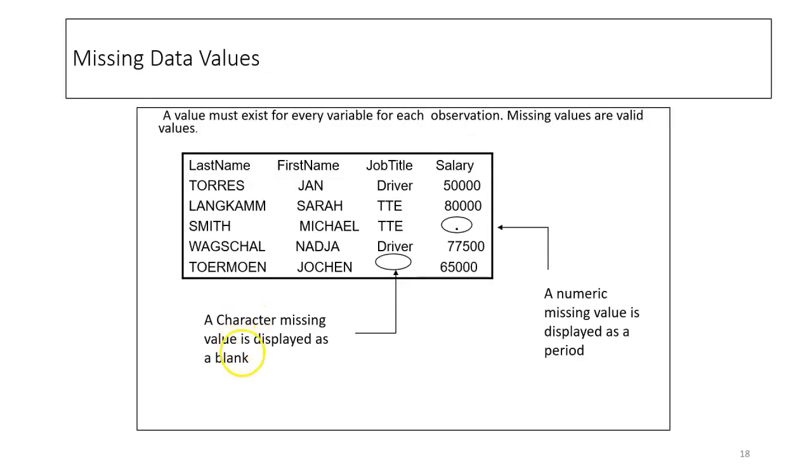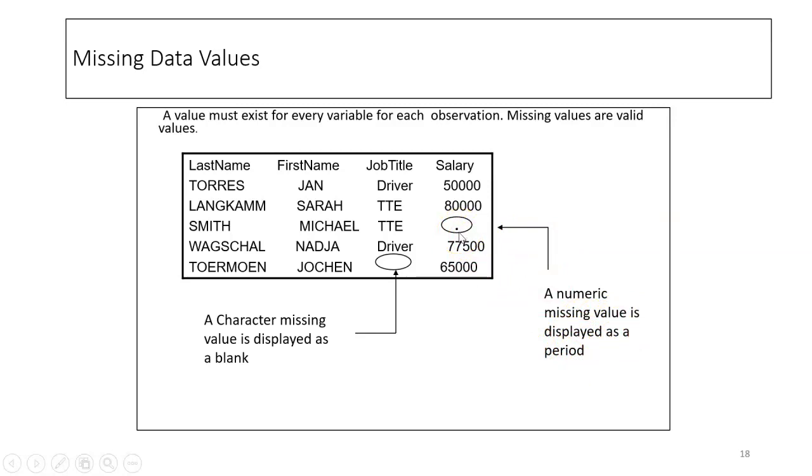Another thing is missing data values. A value must exist for every variable for each observation. Missing values are valid values. In SAS, a missing value in a character variable is displayed as blank, and a missing value in a numeric variable is displayed as a dot. SAS considers it a valid value.